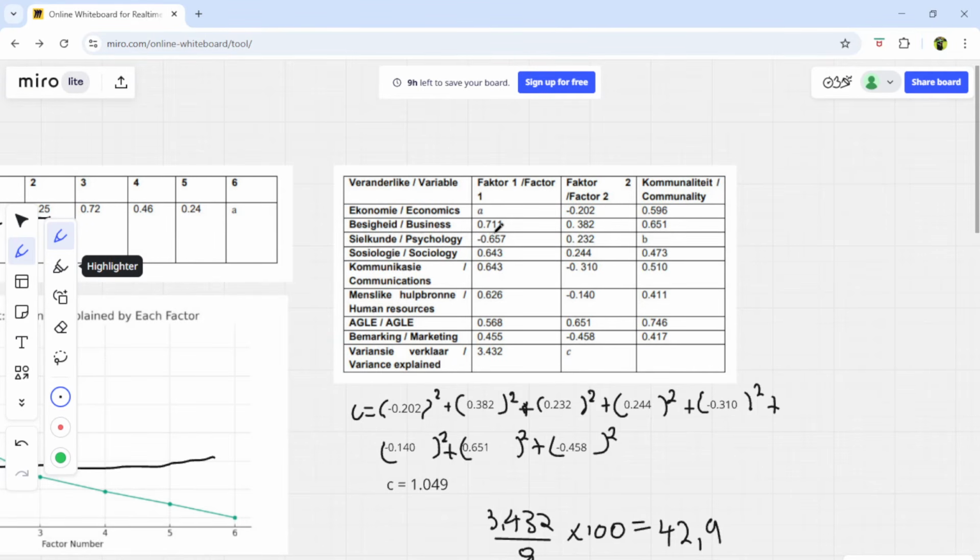The communality for that is going to be 0.711, you put it in brackets and then you square it, and then you say plus, you open bracket, 0.382.